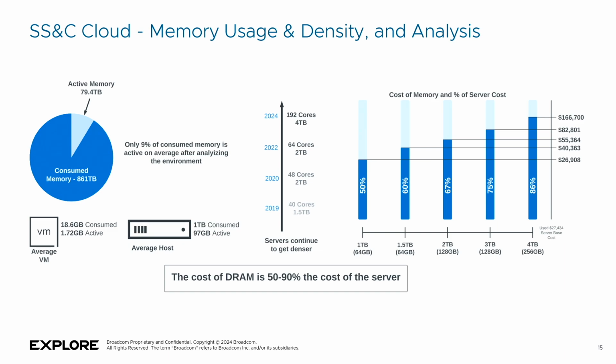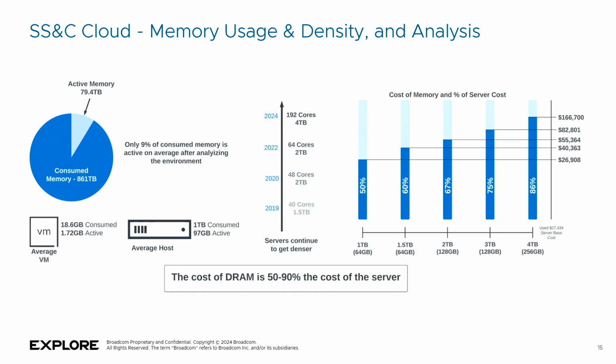As you can see here, I took this stat a couple of weeks ago. It's 861 terabytes of consumed memory running in the cloud as of when I took the stat. Only 80 terabytes of that was active, hot memory actually being used. So that's like 780 terabytes of just memory chilling, doing whatever it does.